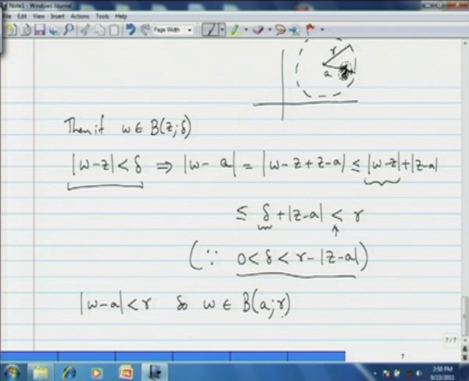So, an arbitrary w in B(z, delta), the ball of radius delta around z, is an element of the ball of radius r around a. So, this implies that B(z, delta) is completely contained in B(a, r).